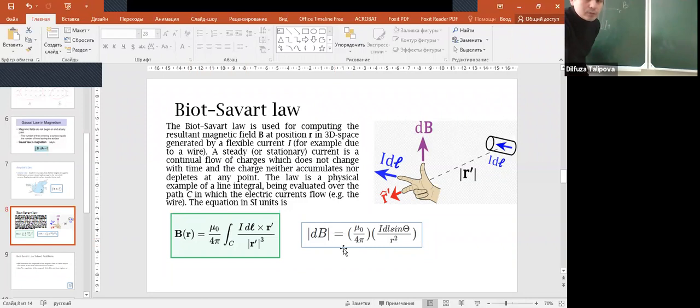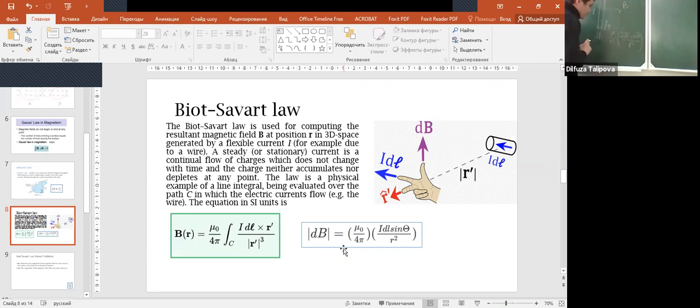Okay, so we should use such equations to find the magnetic field. The derivative of the magnetic field dB is equal to mu 0 divided by 4 pi multiplied by I dl sine of theta divided by r squared.